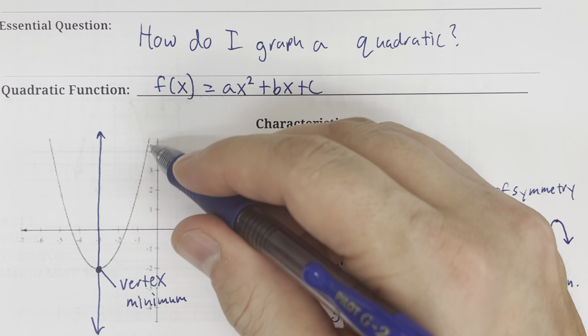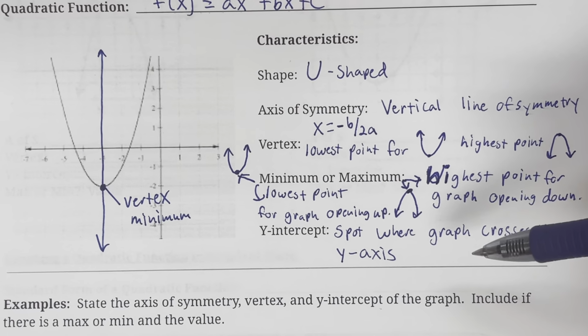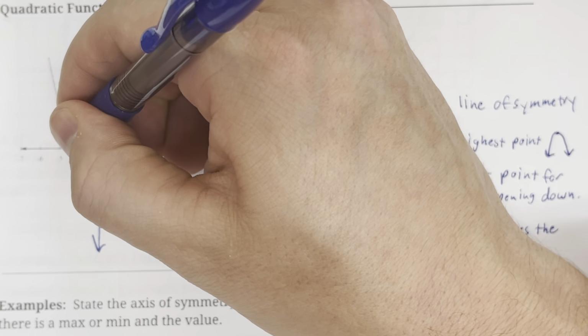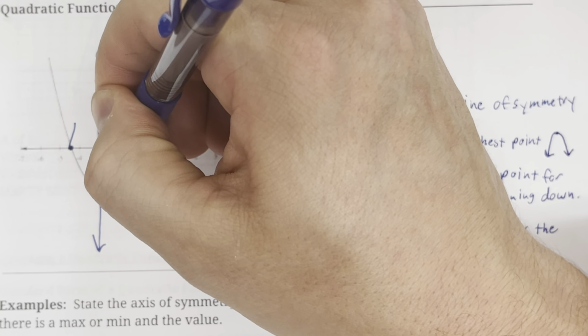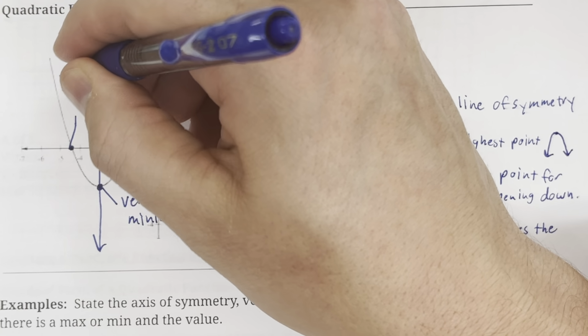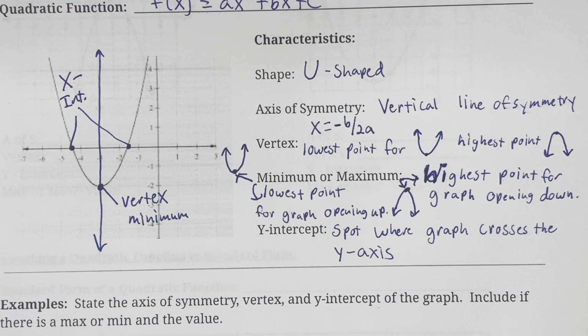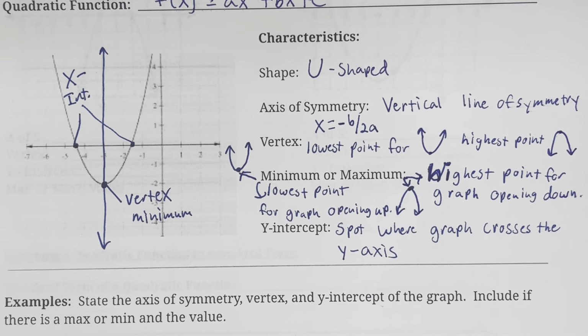We don't have a maximum because it keeps going up forever and ever, and we would never be able to find it, okay? The y-intercept is the spot where it crosses the y-axis, and these are x-intercepts. So this point and this point, these are x-intercepts. I'm going to abbreviate intercepts, INT, okay? And this one, I can't really see where the y-intercept is, so I'm not going to plot that out.